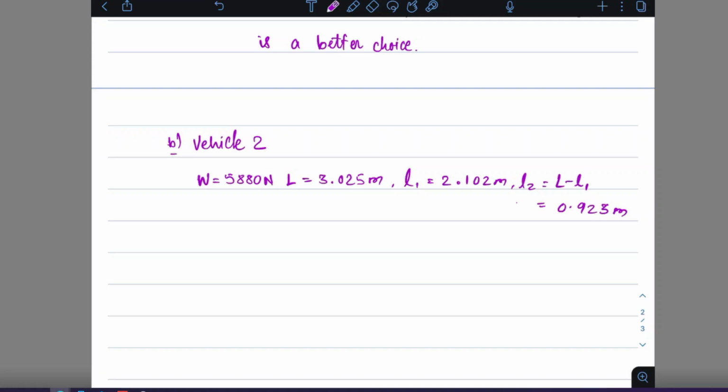This makes L2 0.923 meters. The height of the center of gravity is given as 0.258 meters, and the rolling resistance coefficient is the same.